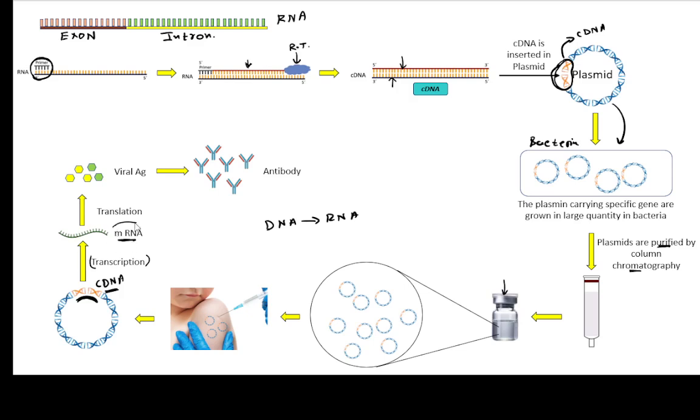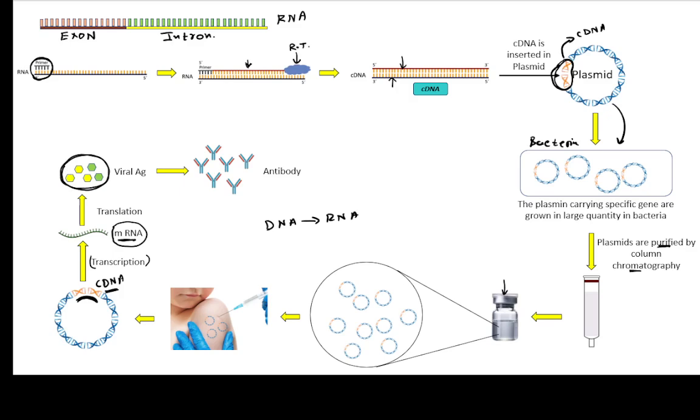As the mRNA is generated, the mRNA goes through translation in the endoplasmic reticulum. After the translation, the viral antigen will be produced. So we are not directly injecting the viral antigen.